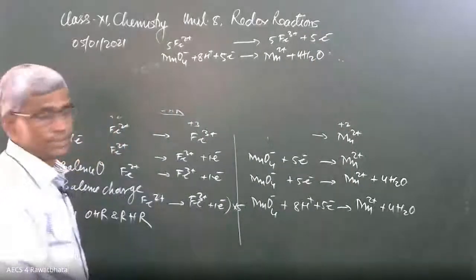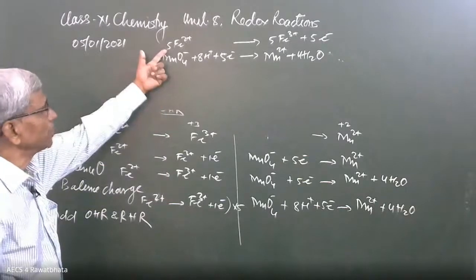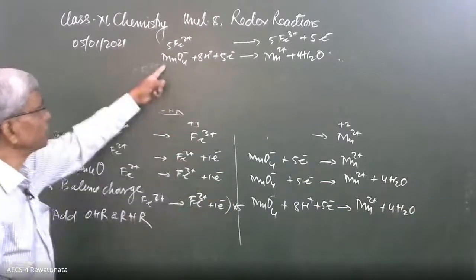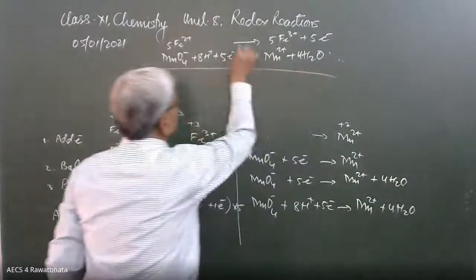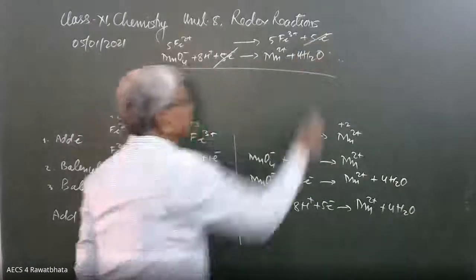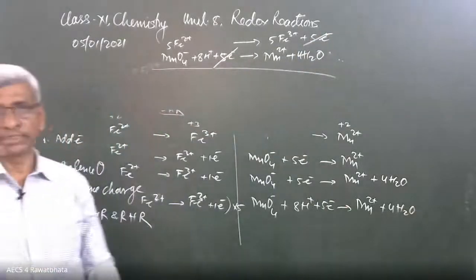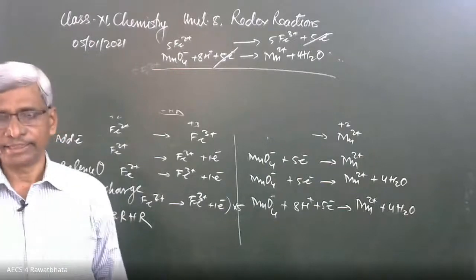Okay, beta? These are the two reactions. Oxidation half reaction, it is multiplied by 5, and that is the reduction half reaction. Here it is as such. While adding, these electrons on the left side and these electrons on the right side cancel. Not only electrons, if ions are common on both sides, those can be cancelled here.